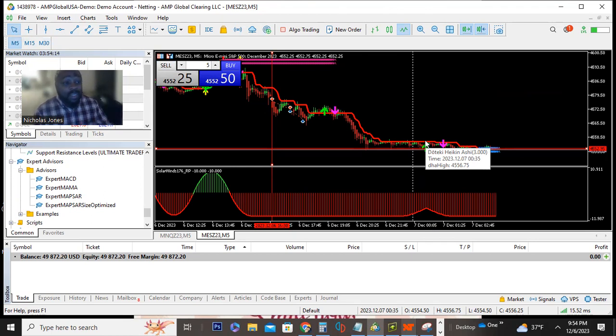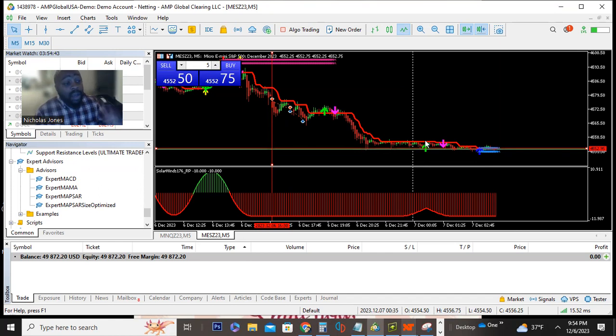This is the easiest strategy that you can have. You're trading from support to resistance, resistance to support. Because what's going to happen is the market's going to go up, it's going to go down. When you're following the trend, you can trade my two strategies. One is support and resistance, where I'm trading from support to resistance, resistance to support.